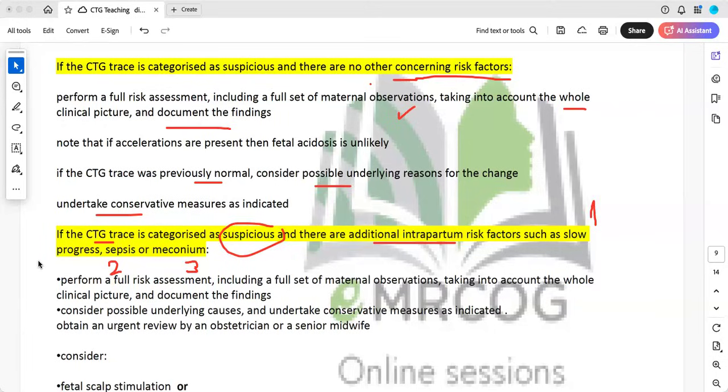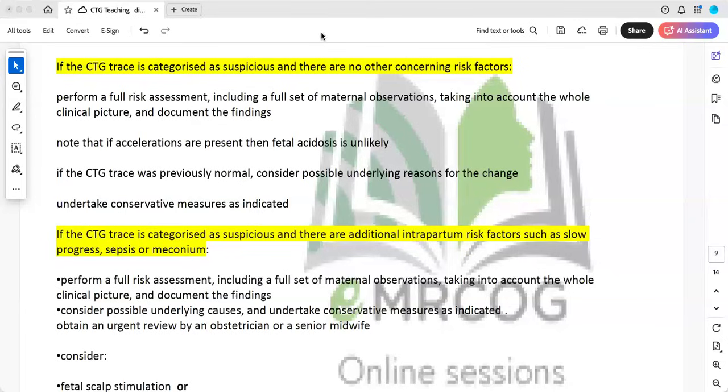Other risk factors like bleeding, for example, or blood-stained or red-stained meconium would be another risk factor to be considered, plus the suspicious CTG. What if I have this suspicious CTG and additional intrapartum risk factor? Again, for risk assessment, maternal observations, consider possible underlying causes, and undertake conservative measures as indicated.